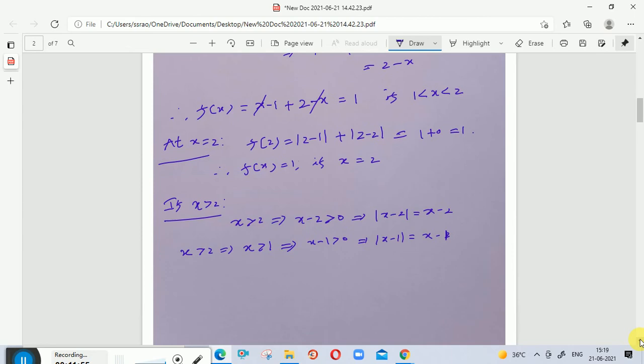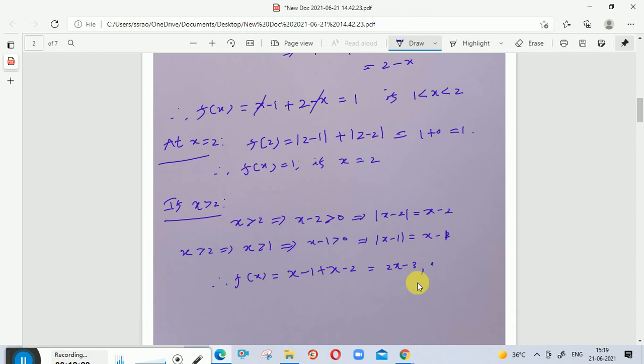Therefore f of x is equal to mod of x minus 1 place lo x minus 1 rastam plus mod of x minus 2 place lo x minus 2 rastam. That is equal to 2x minus 3.